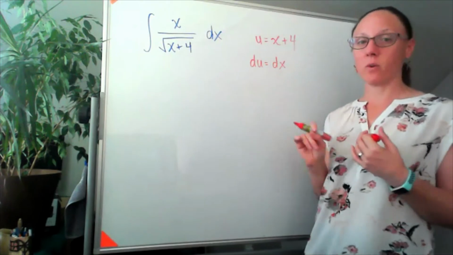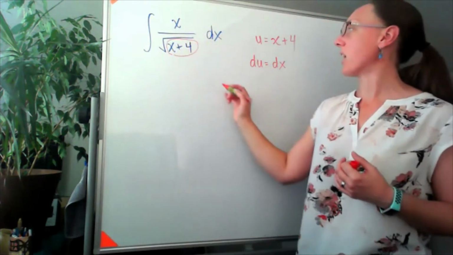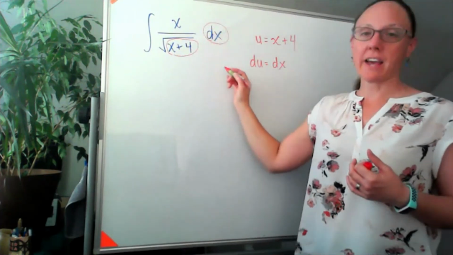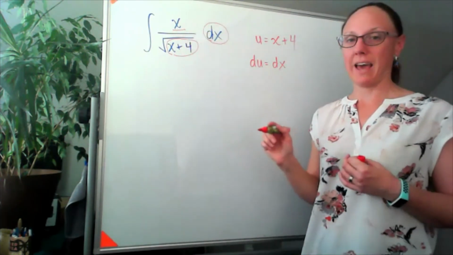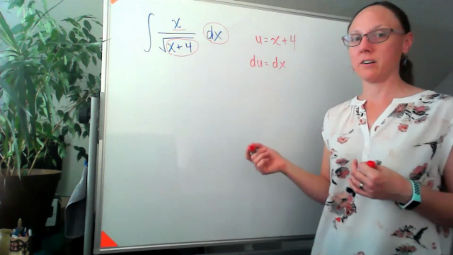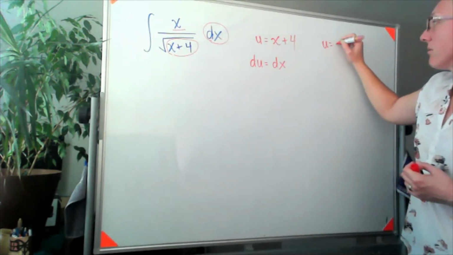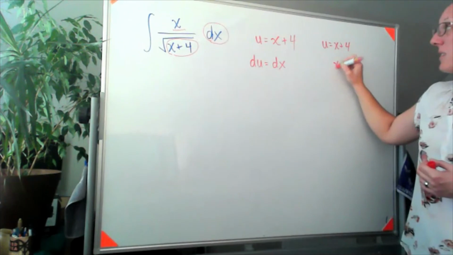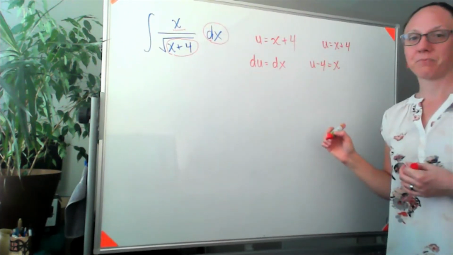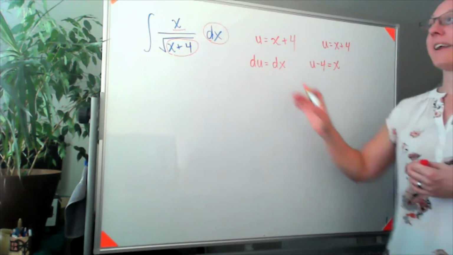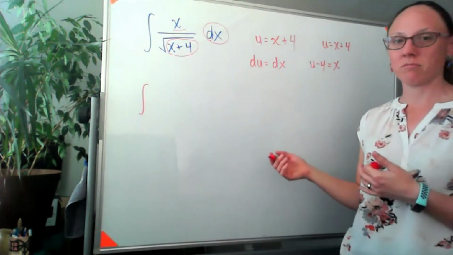Thinking about this as my vocabulary list, I now know what to do with the x plus 4, and I know what to do with the dx, but my vocabulary list hasn't yet told me what to do with the x that remains in the numerator. But if u is equal to x plus 4, then that must mean that x is equal to u minus 4. And I can translate this entire problem into something with u's.